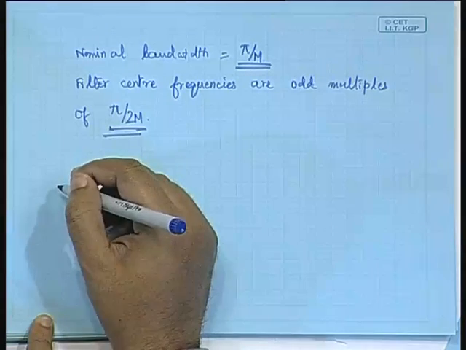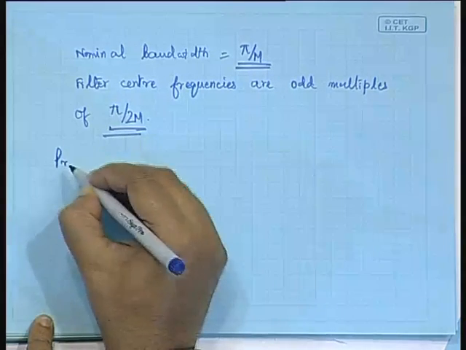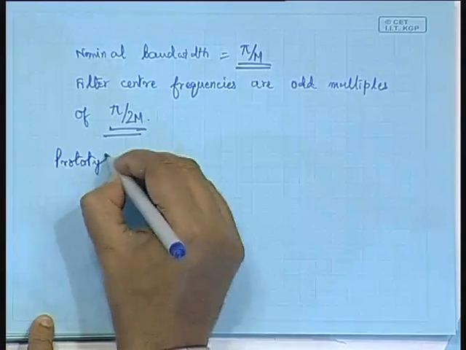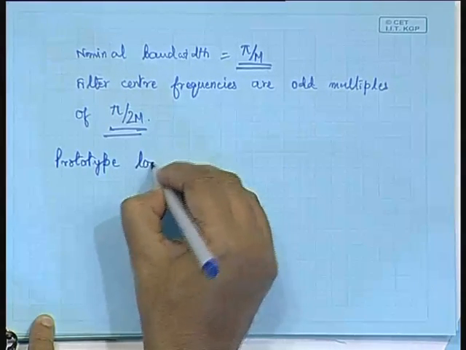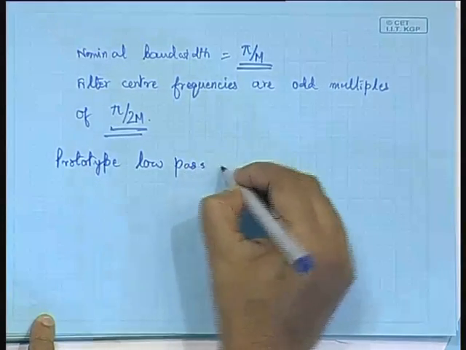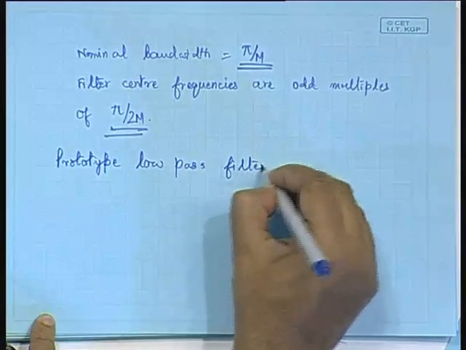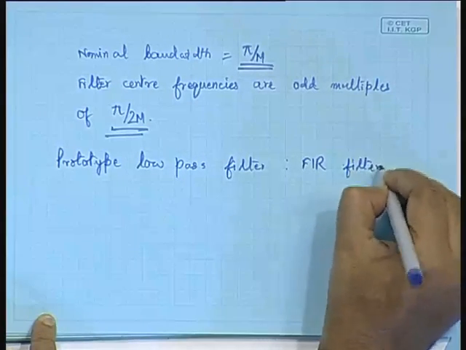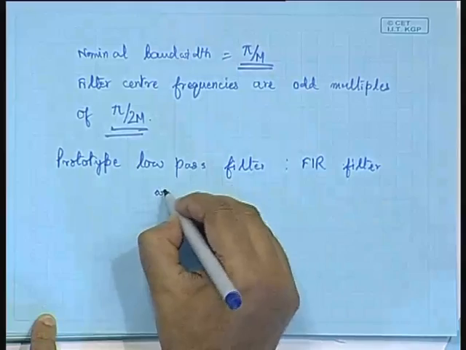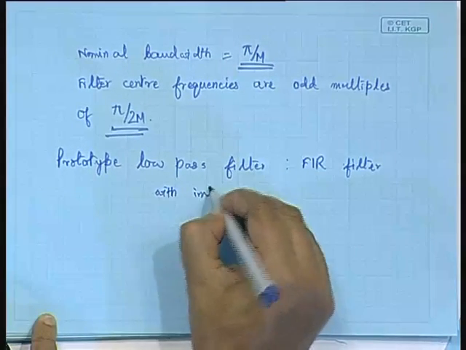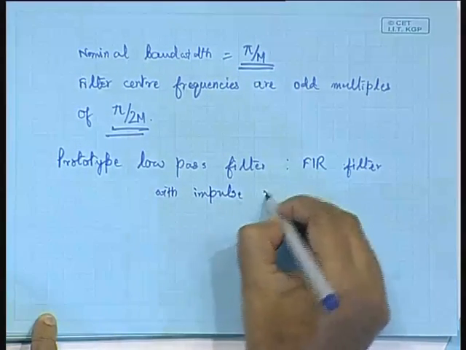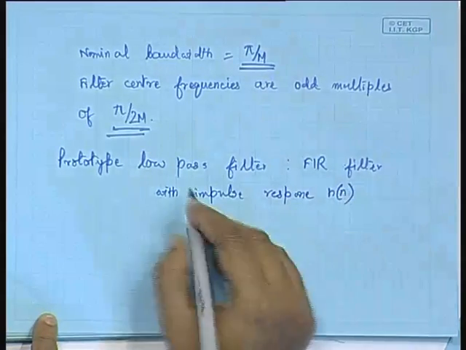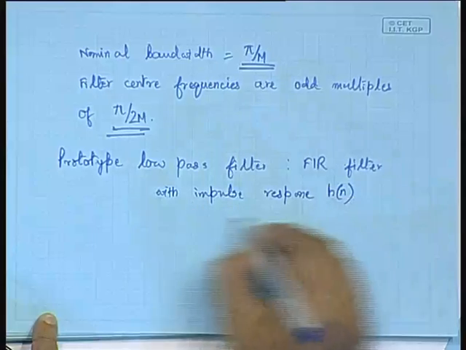Now, for the band pass filters, the prototype low pass filter, we assume that it is an FIR filter with impulse response h of n, and its Z transform is H of z.